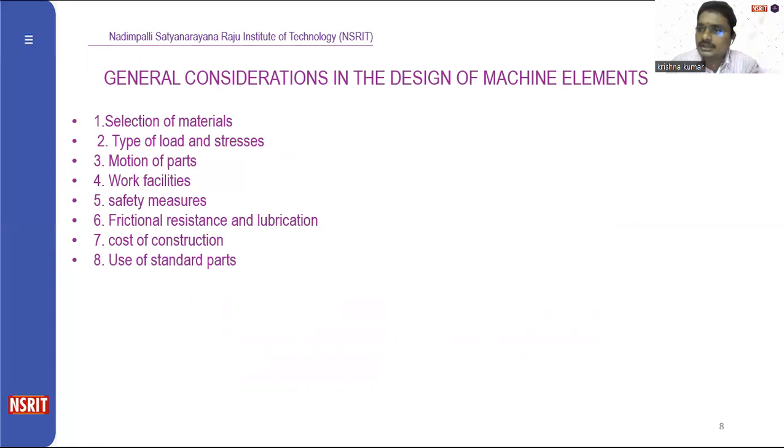If we are using some materials under a dynamic condition, you can observe that the material is heated up after some time. Generally, if we provide some lubrication for that element, whether wet lubrication or dry lubrication, we can give more life to that element.